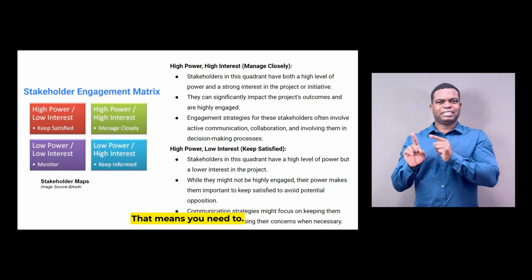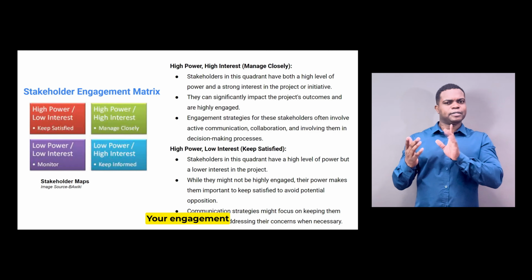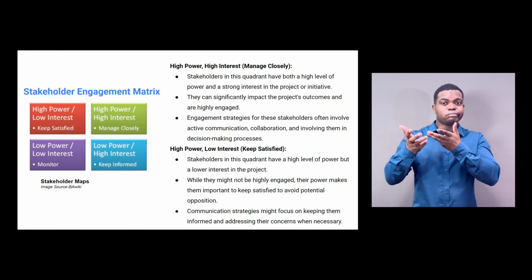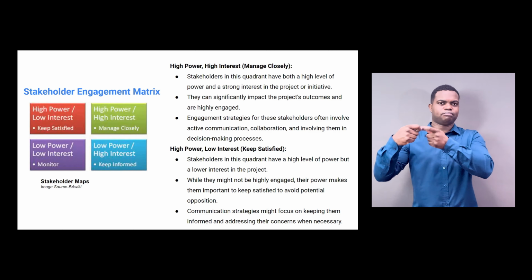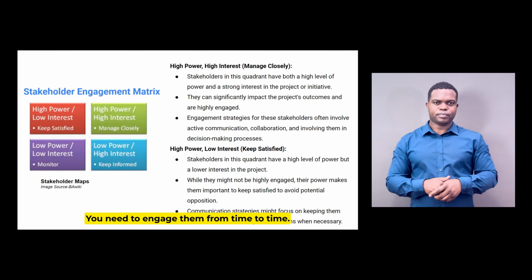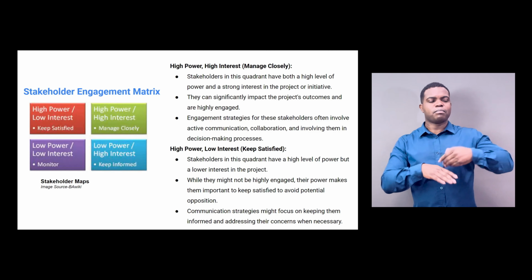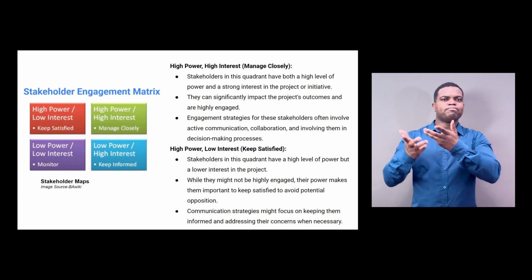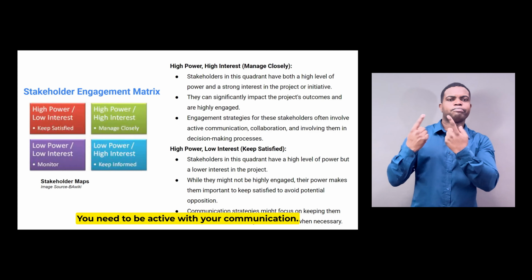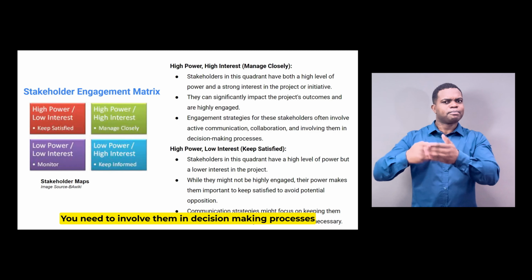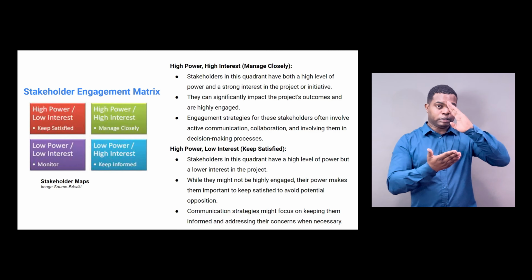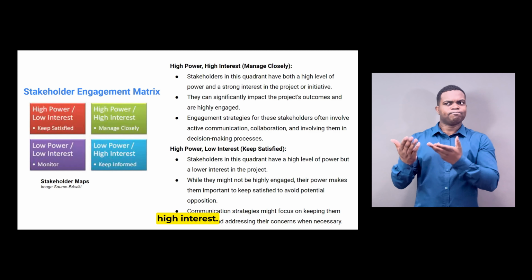That means your engagement game should be so up. You need to engage them from time to time. You need to be active with your communication. You need to be active with your collaboration. You need to involve them in decision-making processes because they have high power and high interest.